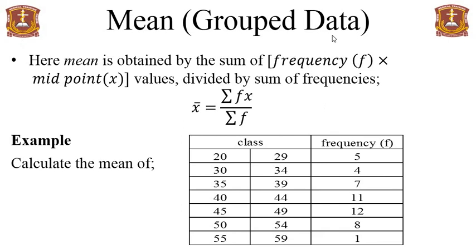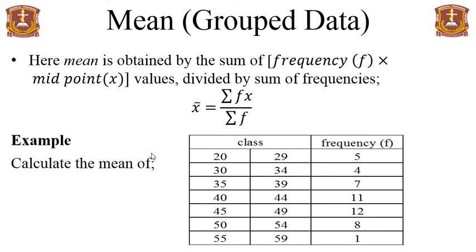When you're talking about grouped data, because what we have just discussed is ungrouped, the mean is obtained by the sum of the product of frequency and midpoint. So the sum of f times x over the sum of frequencies, which is f.